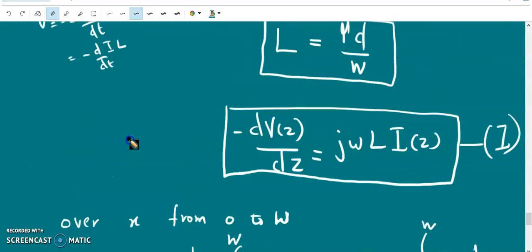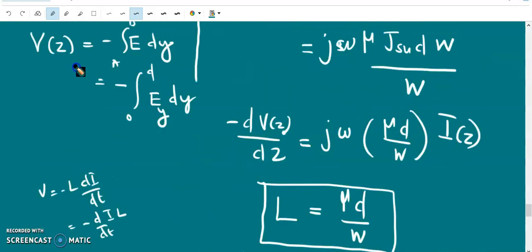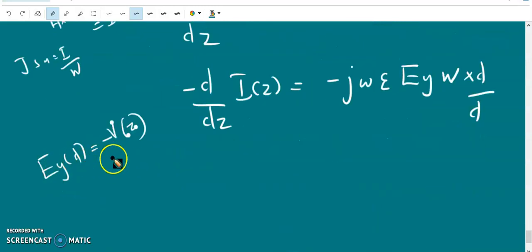We have done this just before. Ey into dy, minus Ey into d is nothing but minus of the potential. So Ey into d can be written as minus V of z. So minus minus is plus.